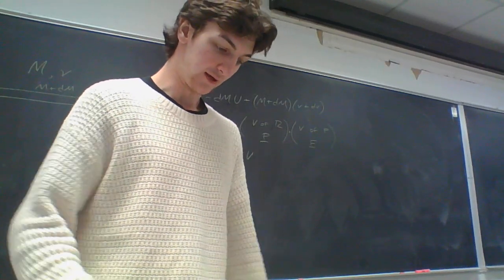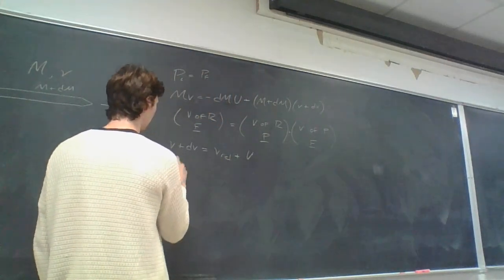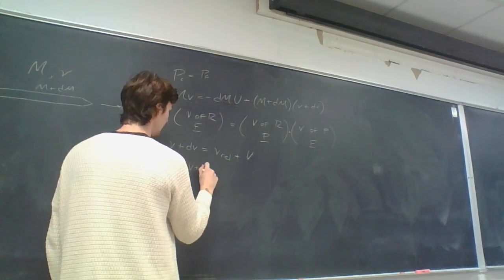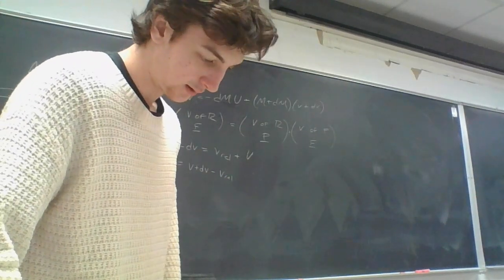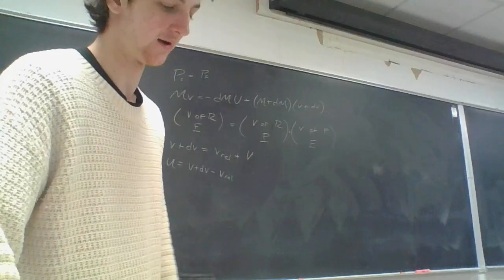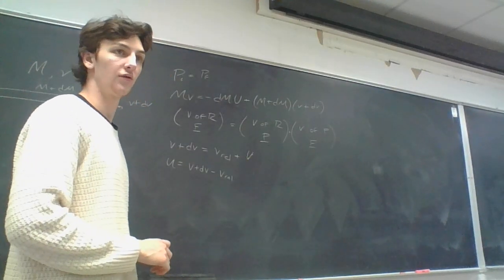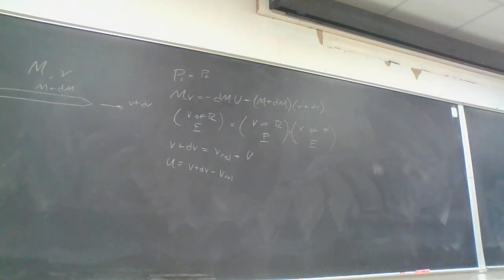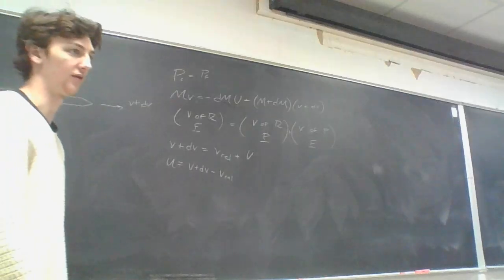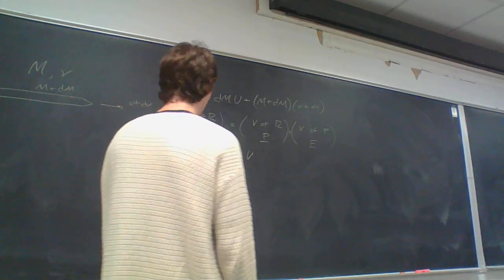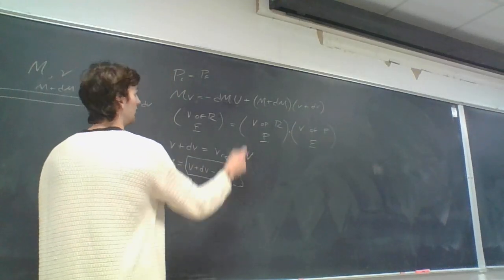They're going to rewrite this in terms of u, stating that u is equal to v plus dv minus the relative velocity, and then we substitute that into our equation. Using relative velocities is effectively an exercise in finding some algebraic trick that's going to help make things a little cleaner. So we're going to substitute this whole equation in for this u term.